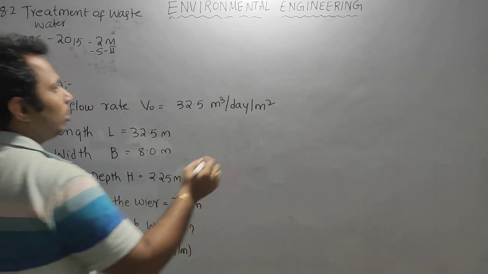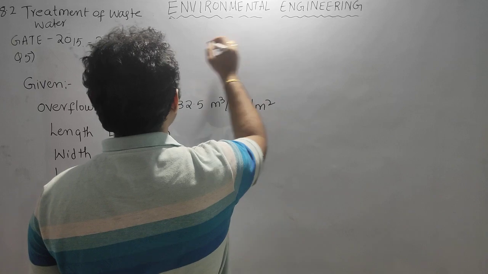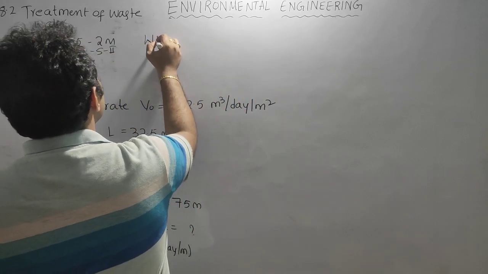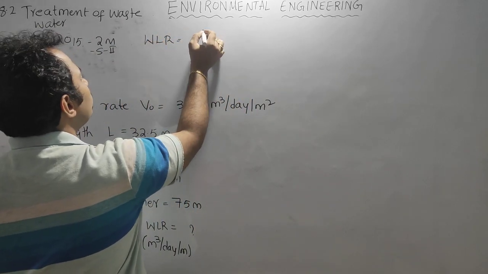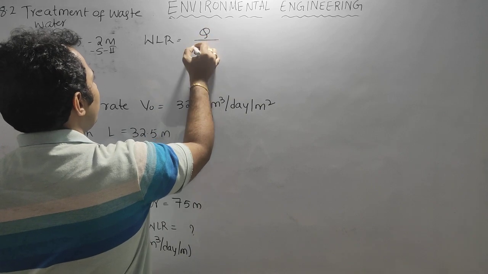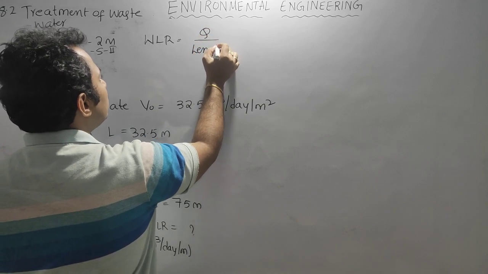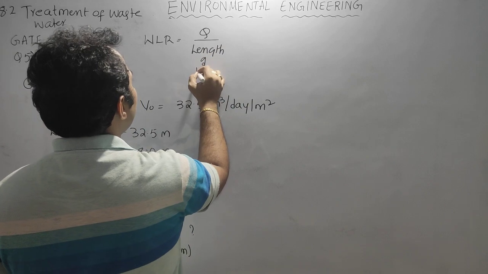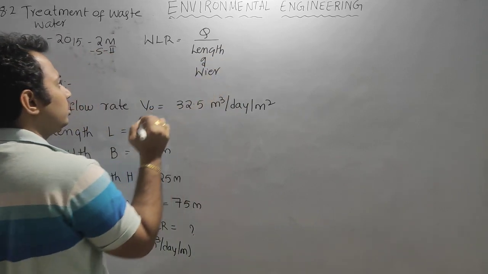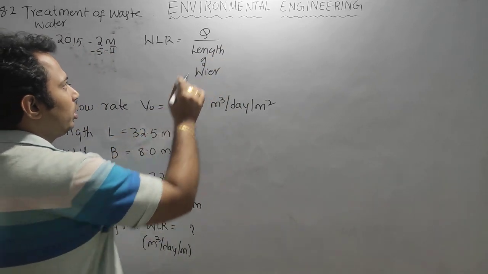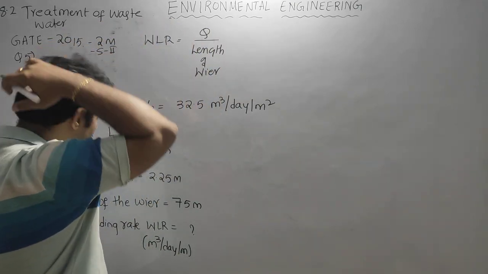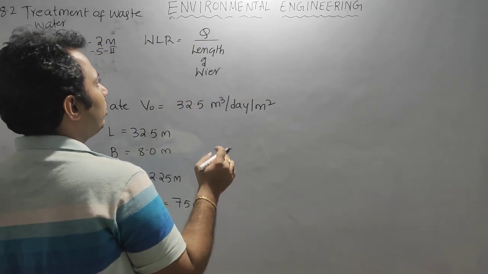Weir loading rate is equal to total discharge by length of weir. Here we don't know the total discharge, but we know V naught.